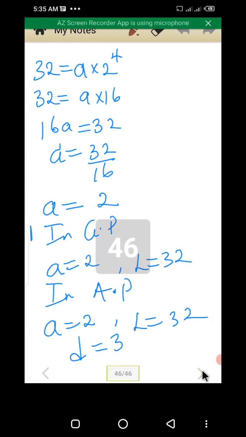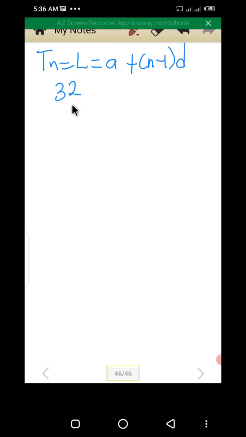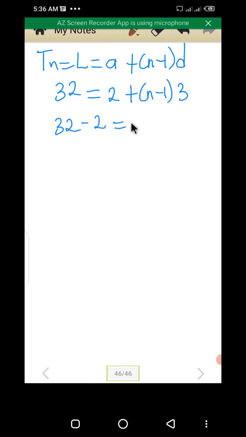To find the number of terms in the AP, recall that Tn, the last term, is equal to a plus (n minus 1)d. The last term is 32, the first term is 2, the number of terms n is unknown, and the common difference is 3. So we have 32 minus 2 is equal to (n minus 1) times 3, making 30 equal to (n minus 1)3.